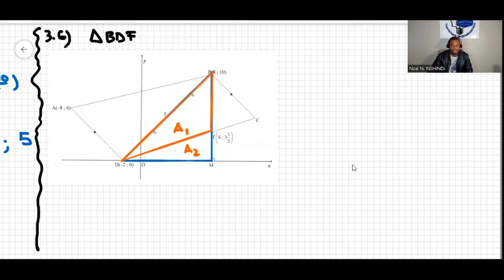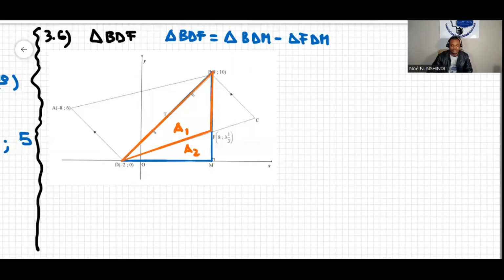So I prefer to work out the whole triangle BDM, because it's easier to calculate, and then subtract the area of this triangle, and then we work it out. So the triangle BDF will be equal to the whole triangle BDM, minus the area of the triangle FDM, something like that.